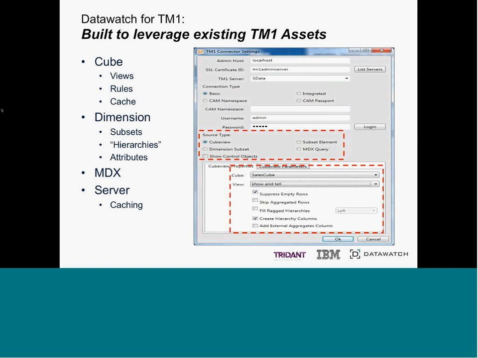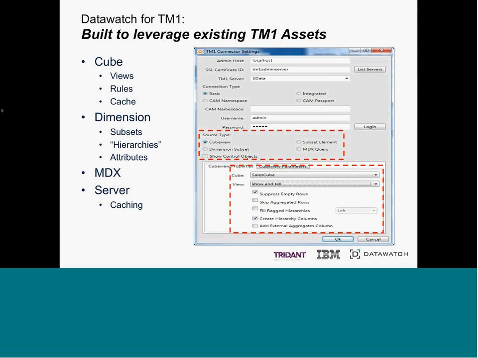Once you've connected to your cube views and your subsets, we continue to add value because we understand the nature of this OLAP model, through easy suppression of null rows and giving you approaches for dealing with ragged hierarchies, which is a bit complex in the data discovery world.